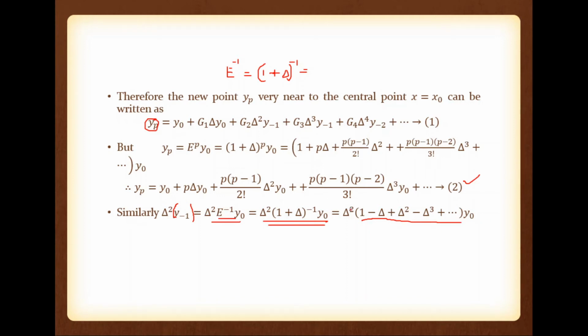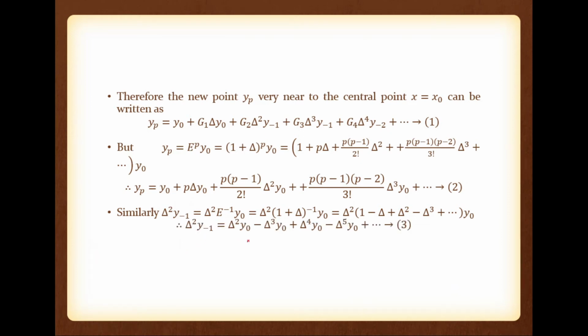So now we can multiply this delta square, then we can take y0 into this bracket. These two things we can do. So what we have? Delta square y minus 1 is equal to delta square y0 minus delta cube y0 plus delta raised to 4 y0 minus delta raised to 5 y0.